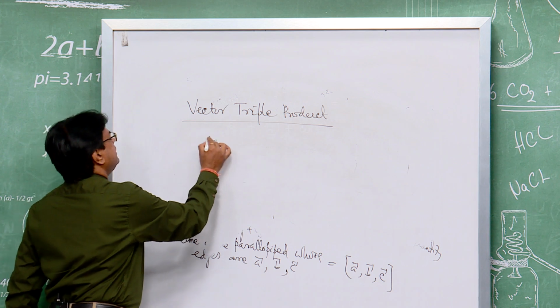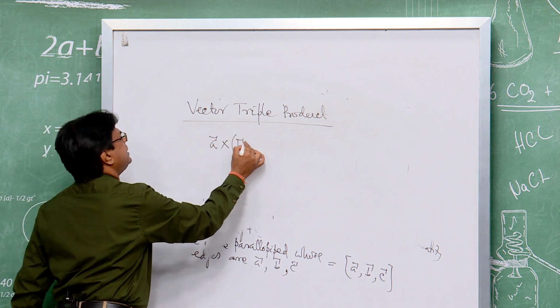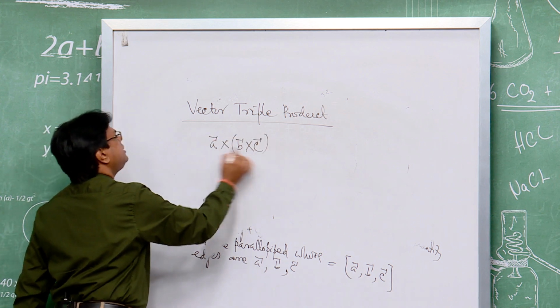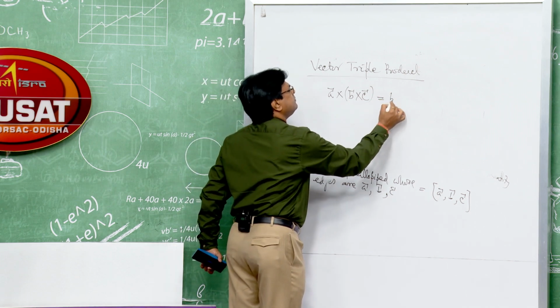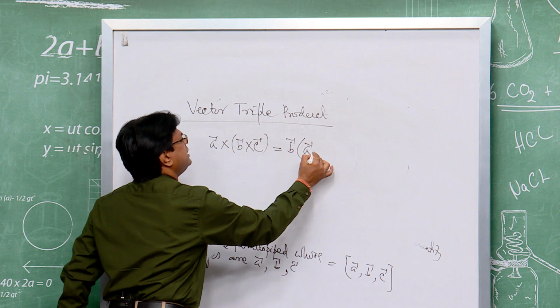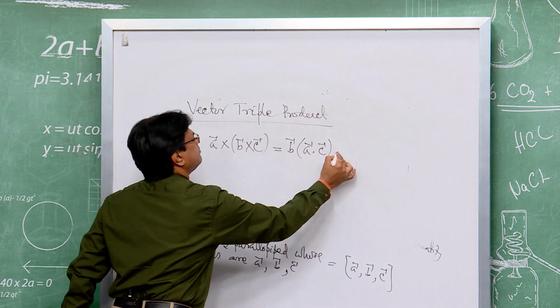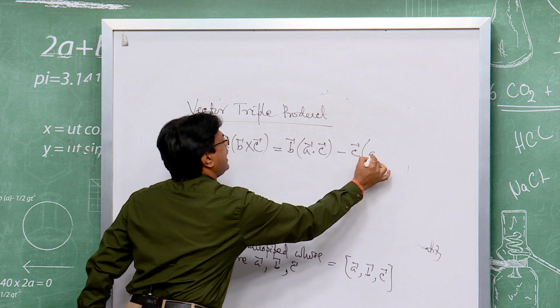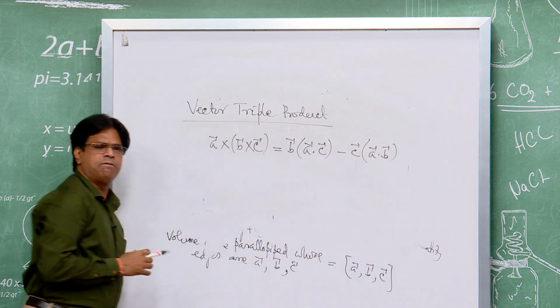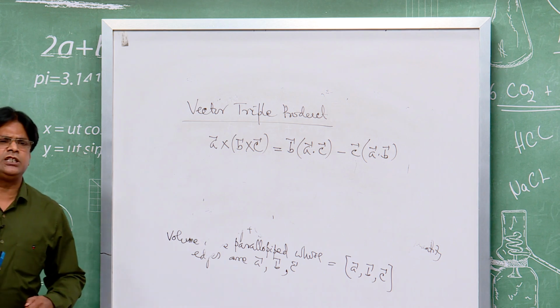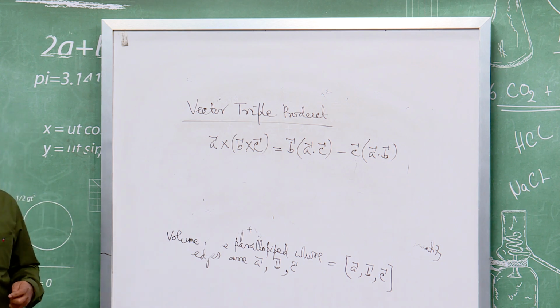So A cross B cross C, compared to the scalar triple product, we write B into A dot C minus C into A dot B. This is your formula: A cross B cross C is equal to B into A dot C minus C into A dot B.